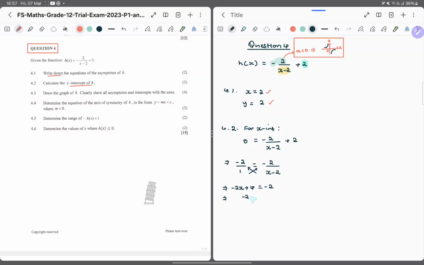We will see that minus 2x is going to be equal to, transpose the 4, we get minus 6. We then divide by minus 2, and what does it give us? 3.